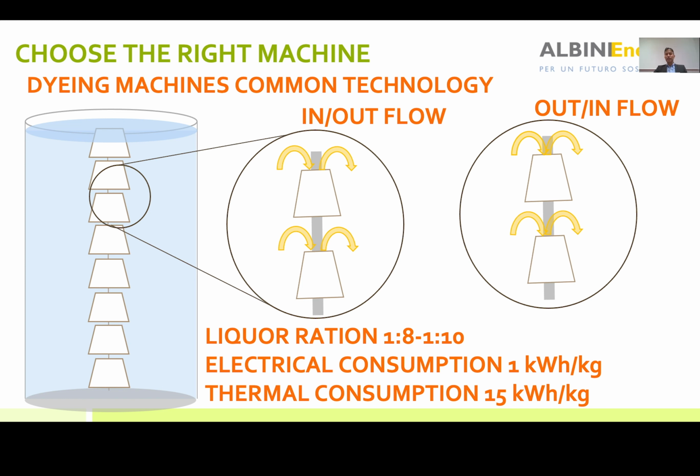In this case, the electrical consumption during your dyeing procedure, normally when everything goes well, is around 1 kilowatt hour per kilogram, and the thermal consumption is around 15 kilowatt hours per kilogram.